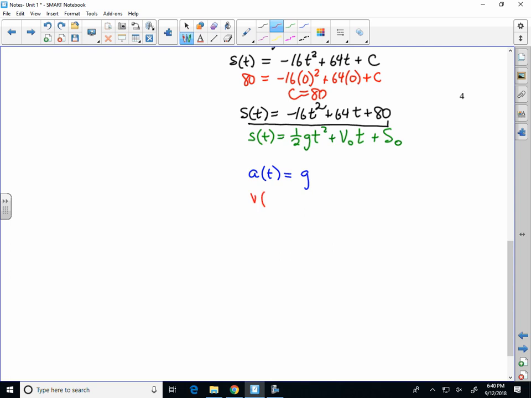Then V of t would be the antiderivative of g dt, which would be 1/2. Oh, actually, no, not there yet. It's like accidentally telling the punchline to a joke too early. It's just gt plus c.